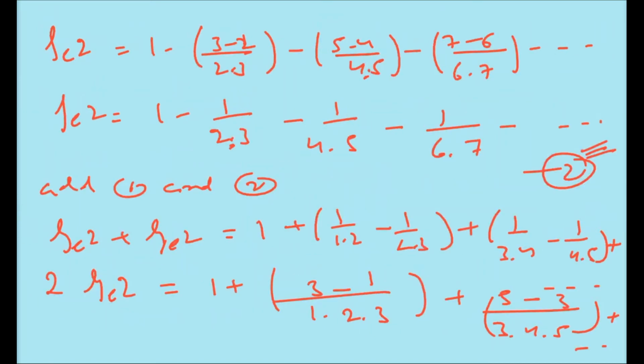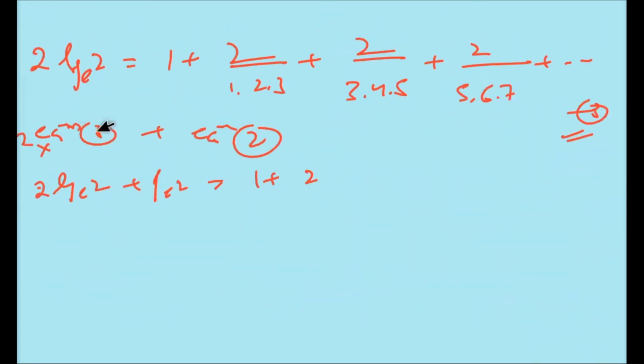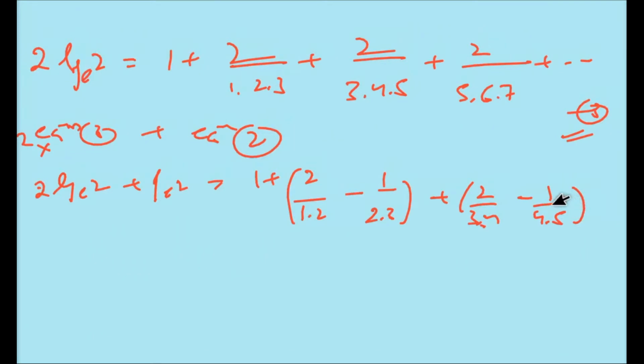So what we get here is 1 plus 2 upon 1 into 2, multiplied in equation 1 by 2 and adding equation 2, we get LCM 2, 3, plus 2 upon 3, 4, minus 1 upon 4, 5, plus 2 upon 5, 6, minus 1 upon 6, 7 plus and so on.